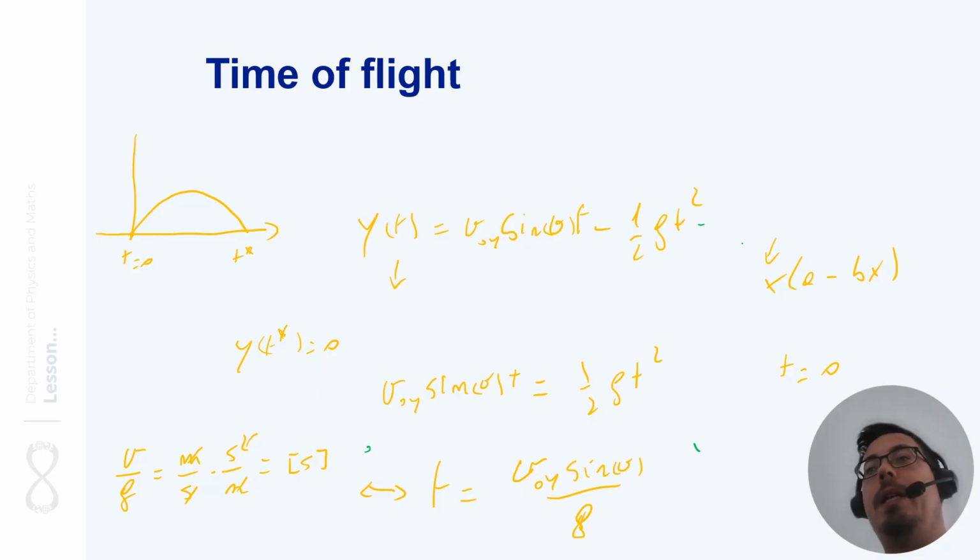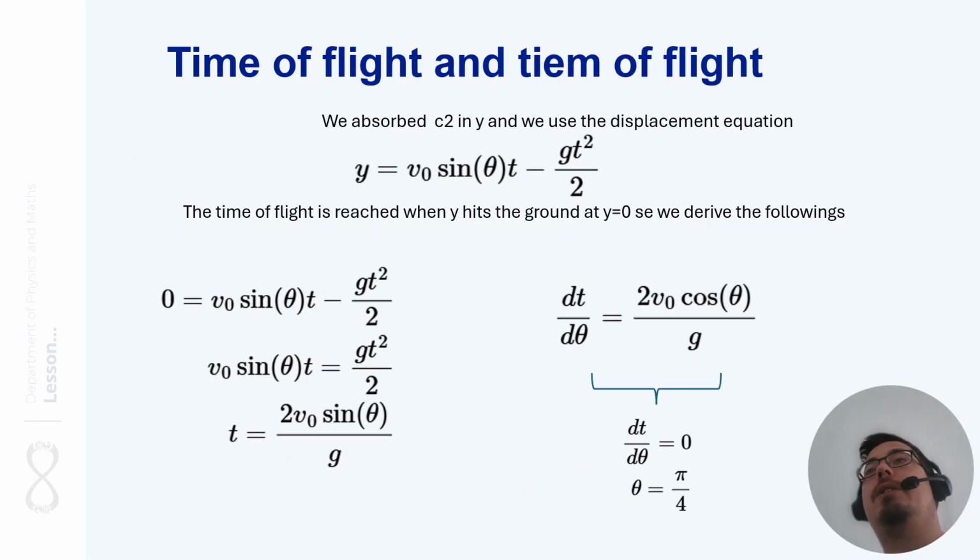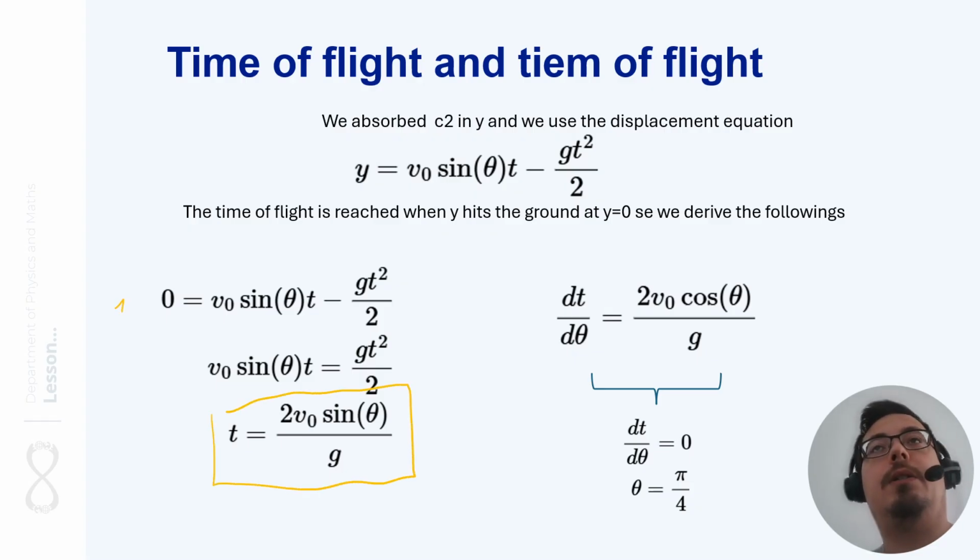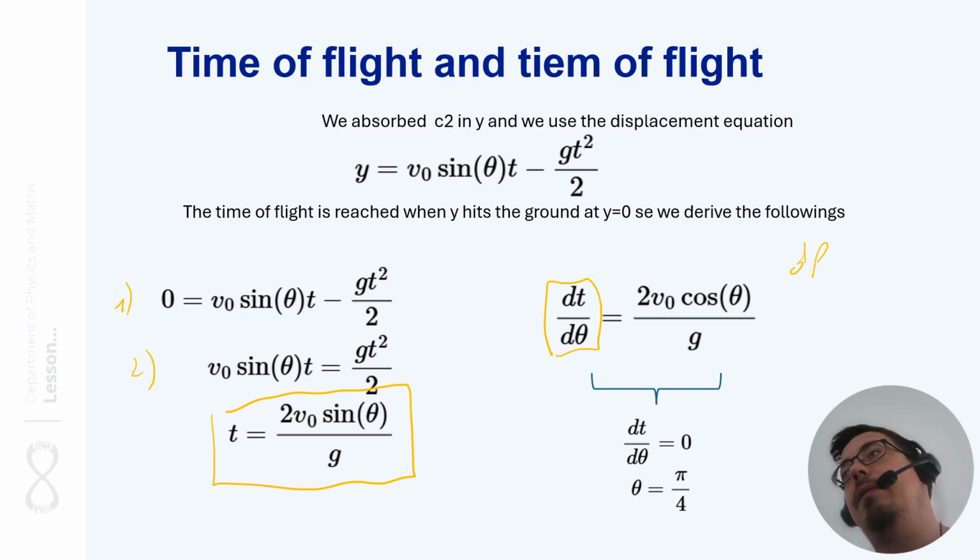And then we can ask about what's the maximum time of flight depending on theta. To do that, I will show you what we have to do. So we have this equation. We find when it's 0, we find the time of flight as we did just now by following steps 1 and 2. And then we differentiate the time of flight with respect to theta. And we know that if we set the derivative to 0, we will find the maximum or the minimum depending on the shape of the formula.